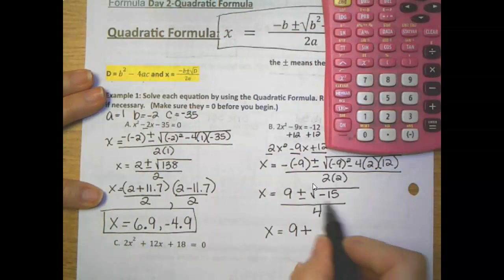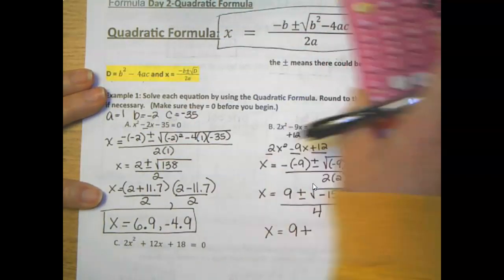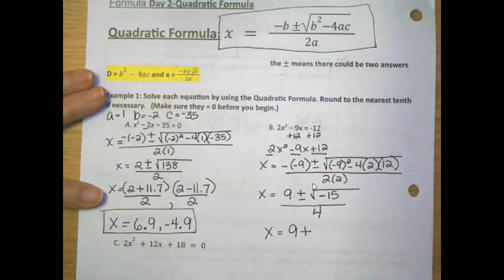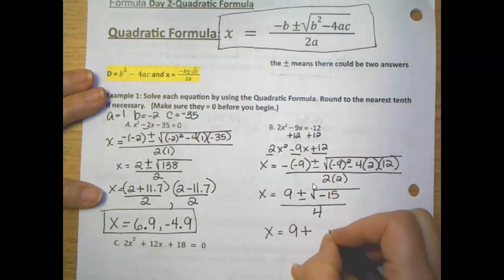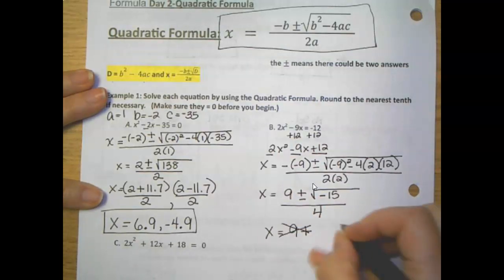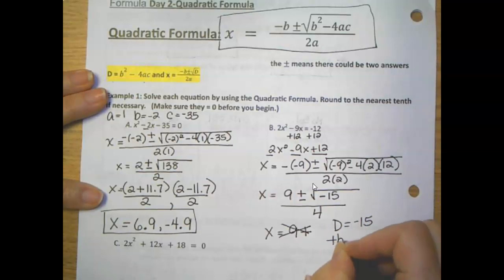Remember, this is our discriminant, our negative 15, and since it is below 0, there are no solutions. So I can cross this out. My discriminant was negative 15, therefore, I don't need to do any more. No solution.